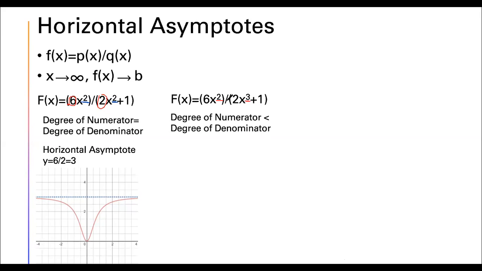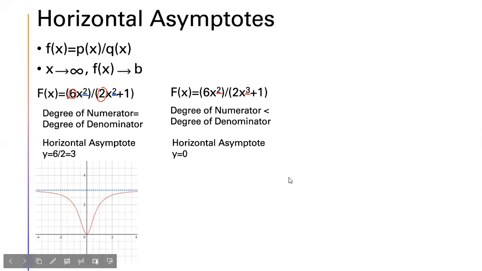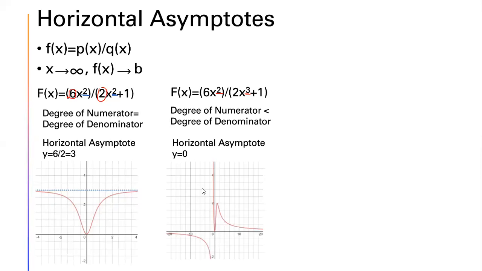And what you'll see is the degree of the numerator is less than the degree of the denominator. And whenever that happens, we have a horizontal asymptote at y equals 0. Here, this is just an illustration of what this function looks like.